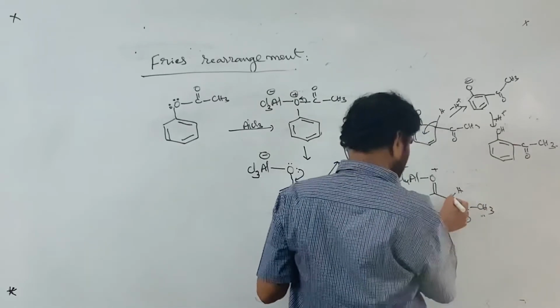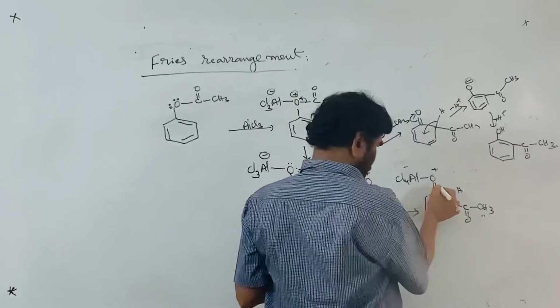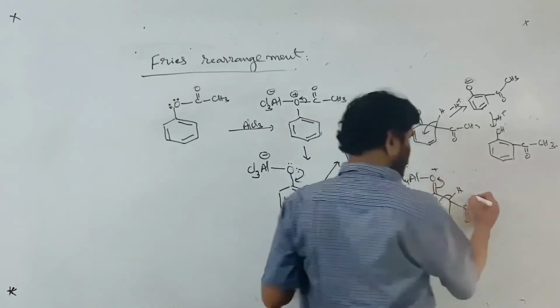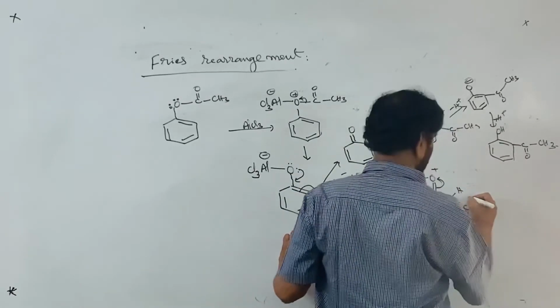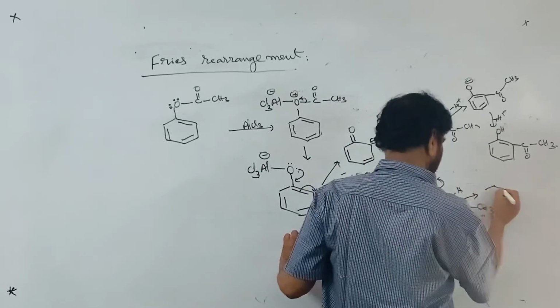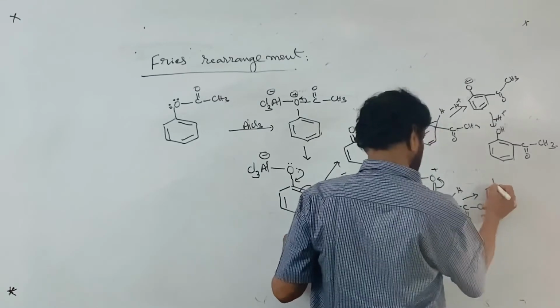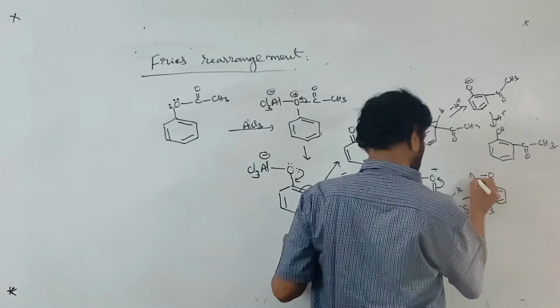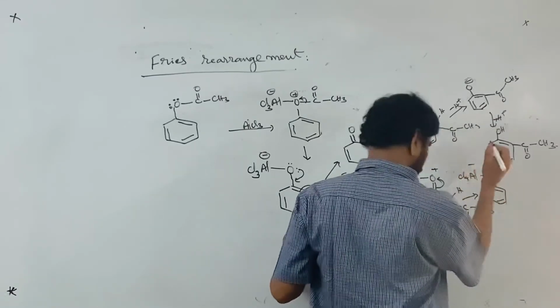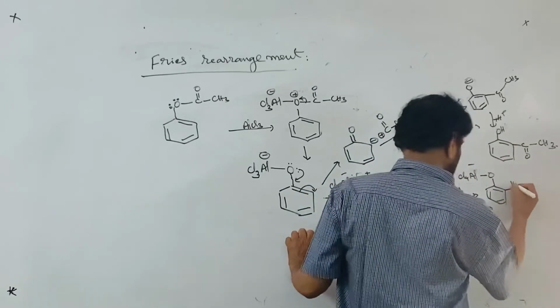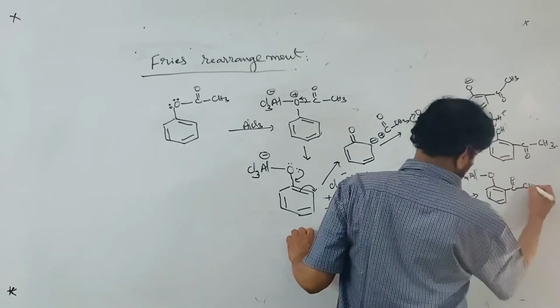This one. So this is the case. This is going here. Then what happens? This is converting to the AlCl4 minus. This is double bond CH3.